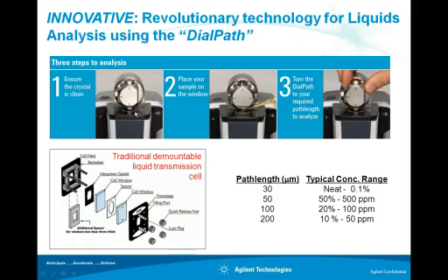The process essentially consists of cleaning the crystal, putting a drop on the crystal, and then rotating the DialPath into the required position, 1, 2, or 3, depending on what path length you need.